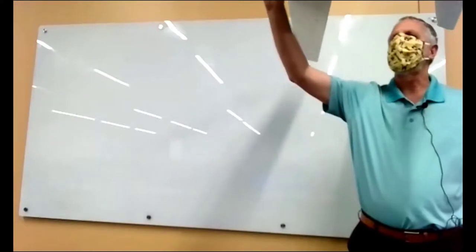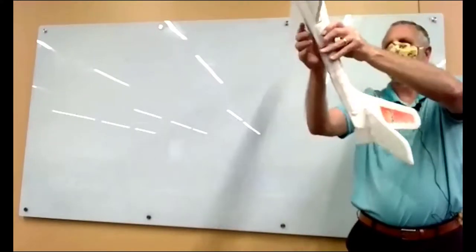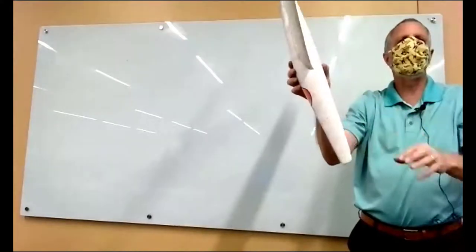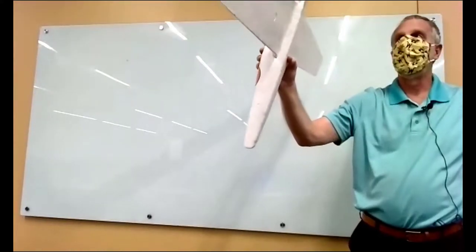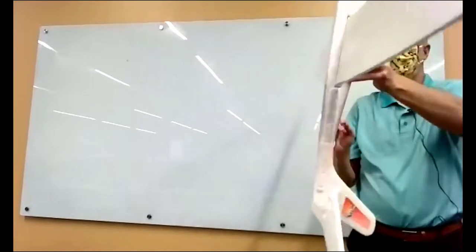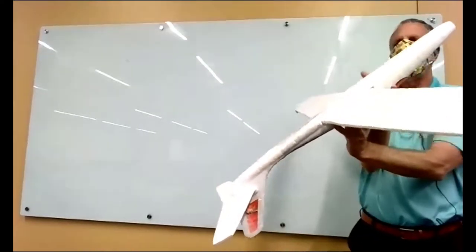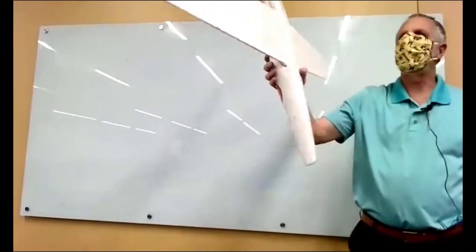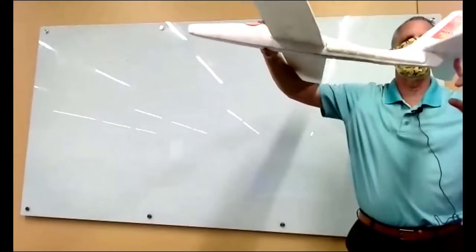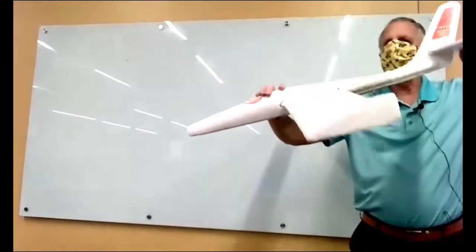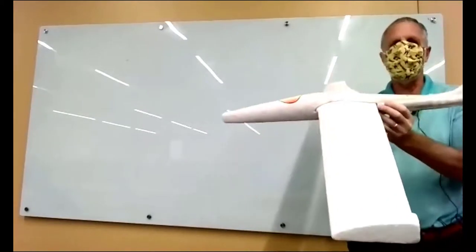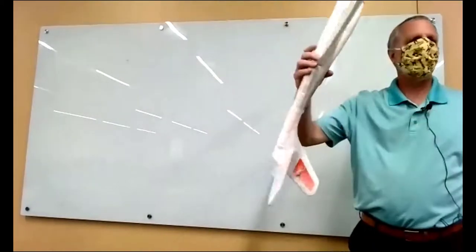Now, looking at this, as we're pitching positive, is the pitching moment due to the tail stopping this motion or making it more? So now I'm talking more stability. So which way? We're increasing the angle of attack, right? So the relative wind, when it's coming this way, what's it going to do? It's going to stop the motion, right? And that's a good thing. In fact, what it's doing is it's damping this motion.